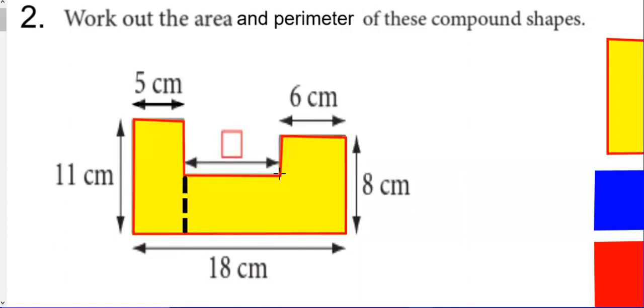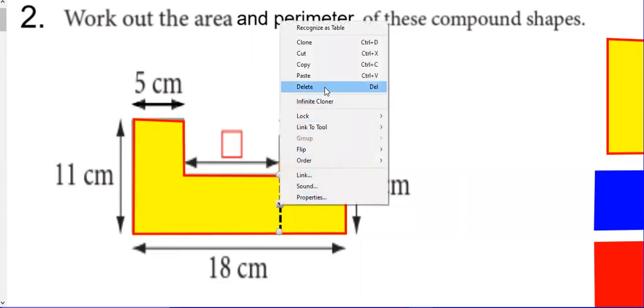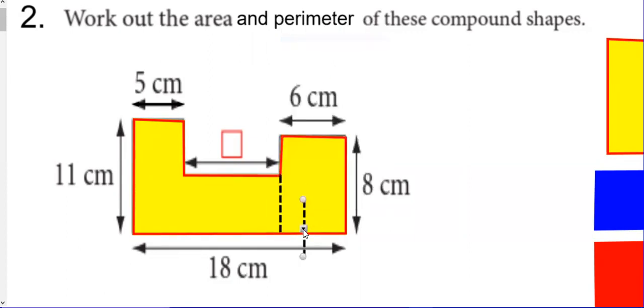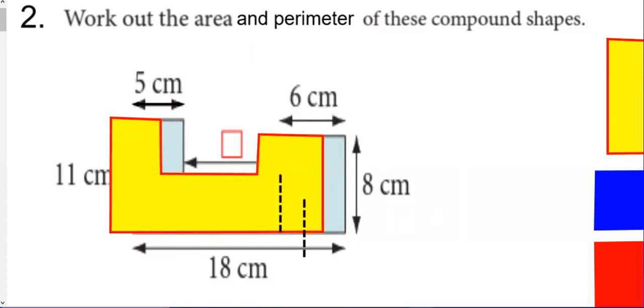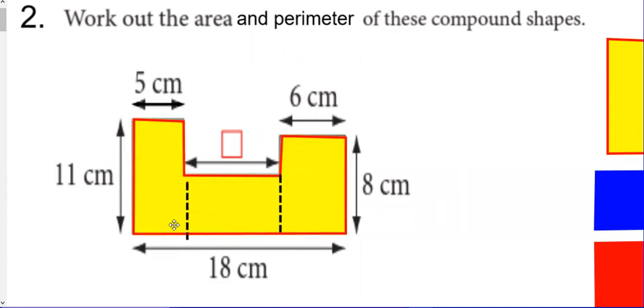And then divide again like this. You need to divide this shape, otherwise it will be hard for us to get the area of that shape. This is the way how we divide the shape. Now, this shape which we have divided is what we call the compound shape.